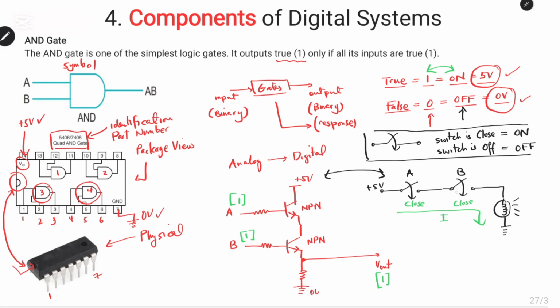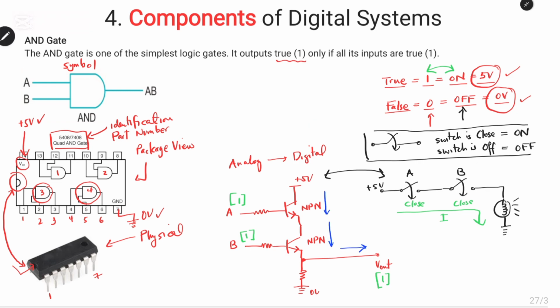And if any of these switches is off, that means the output will be low. The condition is that the output will be 1 only if all of the inputs are true, else the output will be low.